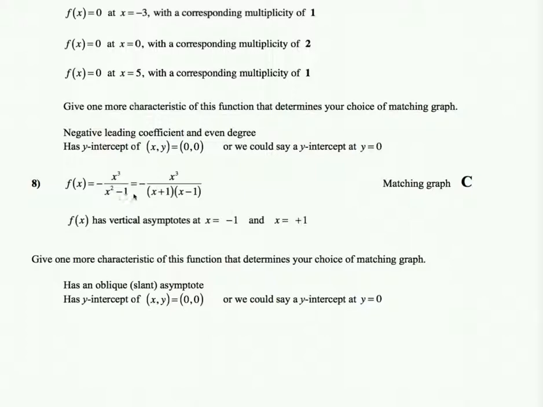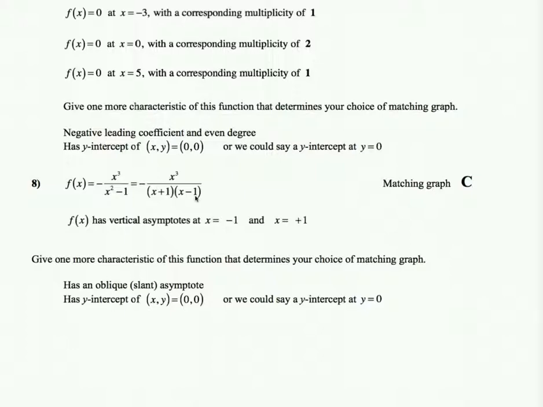Well, the practice that I distributed did not have the denominator factored, but it's the difference of two squares, and that's just about the easiest factorization we could have. And so that's shown here. X squared minus 1 factors as x plus 1 times x minus 1.